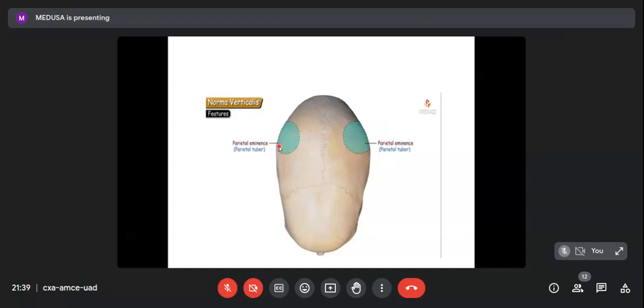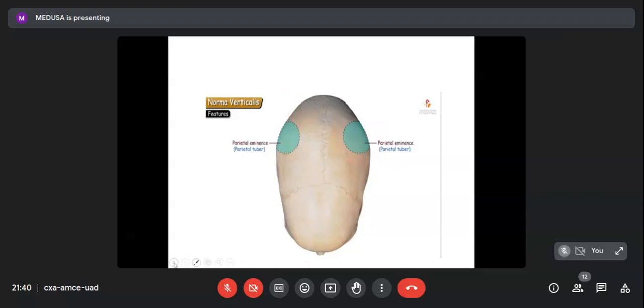Very important. So I've talked about two things that are important to know here. Clinically, if someone falls and hits the head, the first suspect of where the injury would take place are the parietal eminences. The second thing is that in the parietal eminence is where the ossification of the parietal bones starts from.